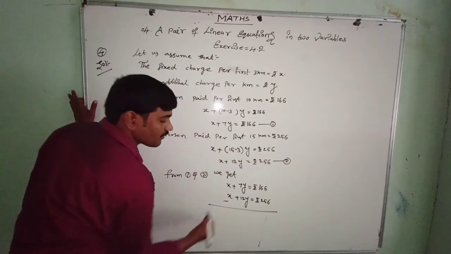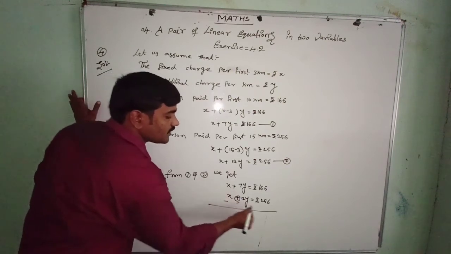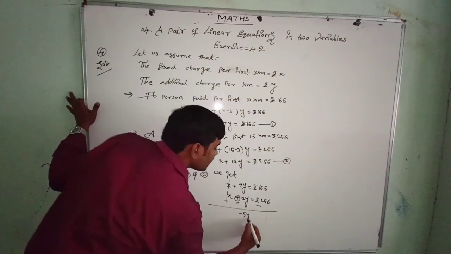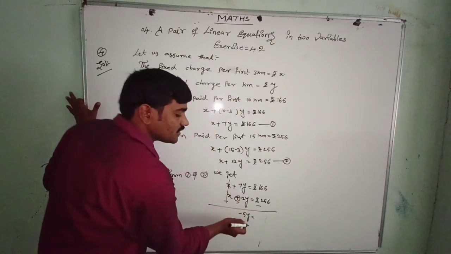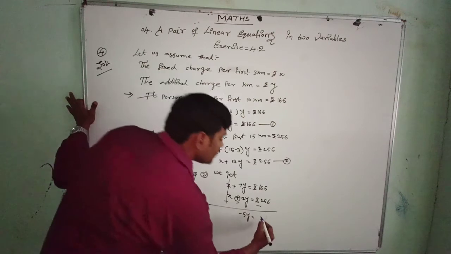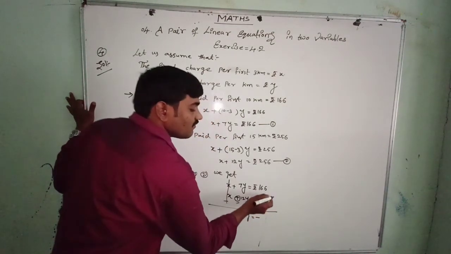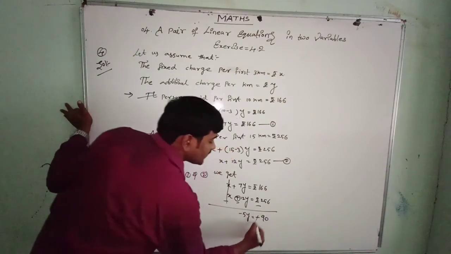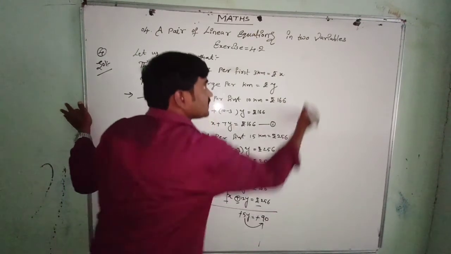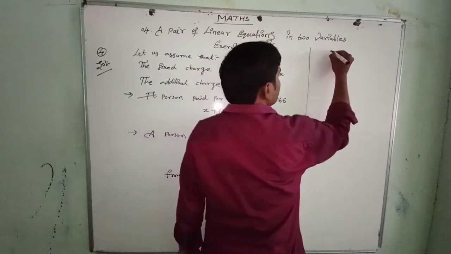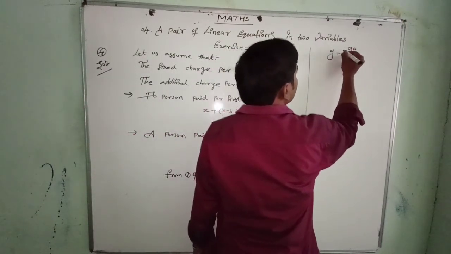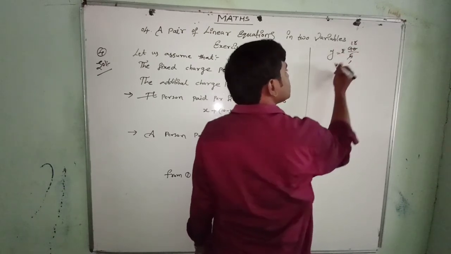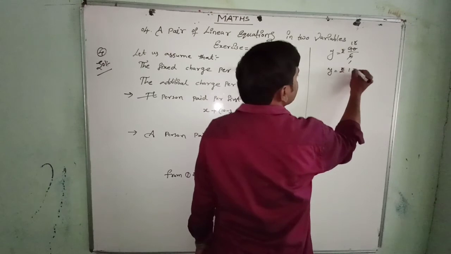Subtracting, to cancel plus x and minus x, we get minus 5y equal to 166 minus 256. 166 minus 256 is minus 90. Minus minus cancel. This 5 will transfer this side. So y equal to rupees 90 by 5. 5 eighteens are 90. So y equal to rupees 18.